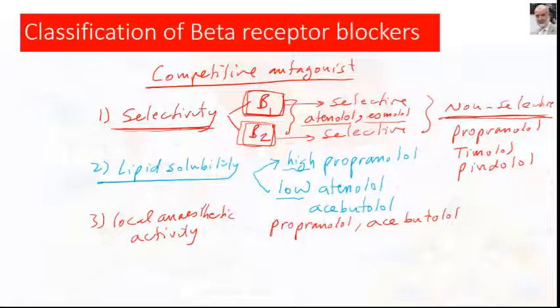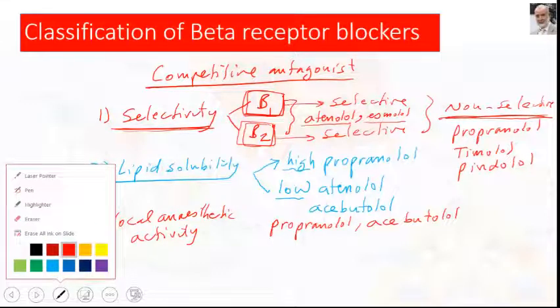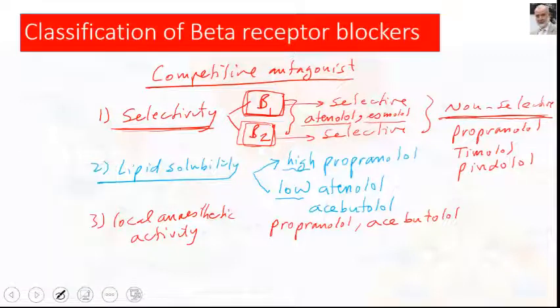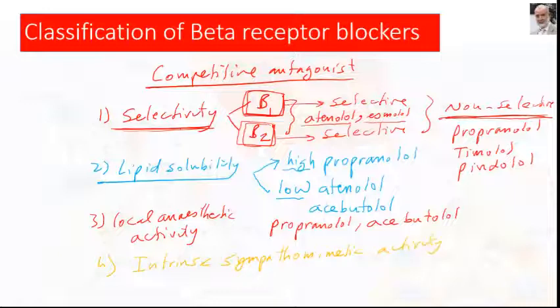The fourth important difference between adrenergic receptor blockers is what is known as intrinsic sympathomimetic activity, abbreviated as ISA, which actually means partial agonist activity.